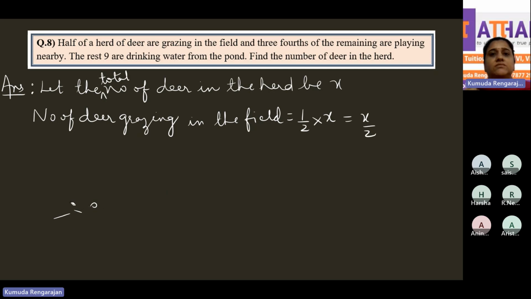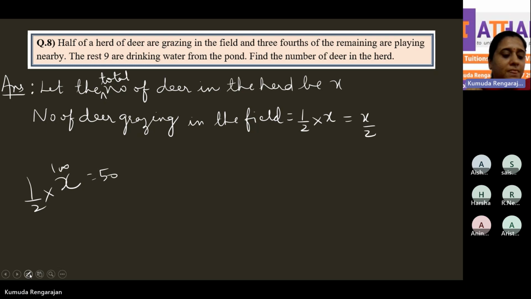Is that fine? Half of the total number are grazing in the field. Like half of 100 is 50, like that. So X by 2 are grazing in the field.